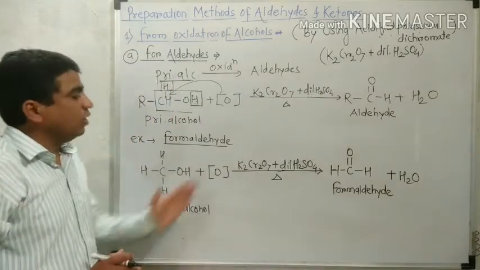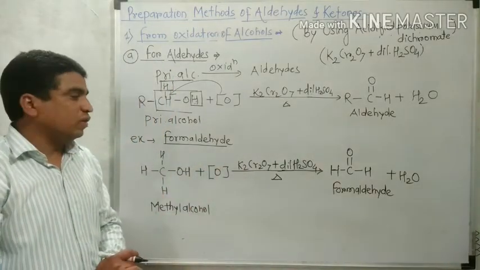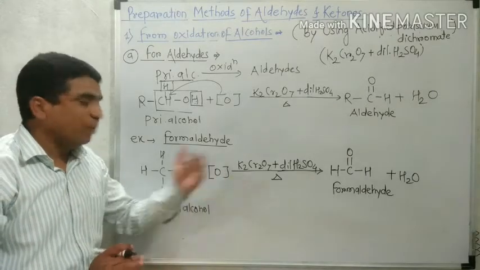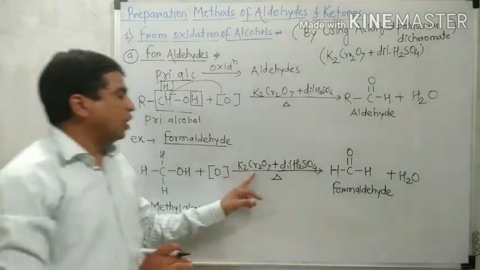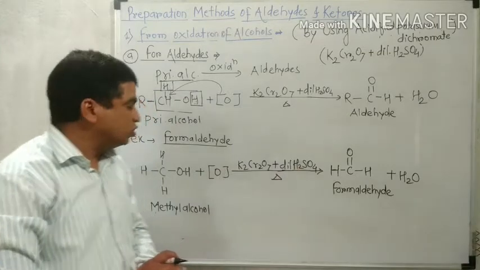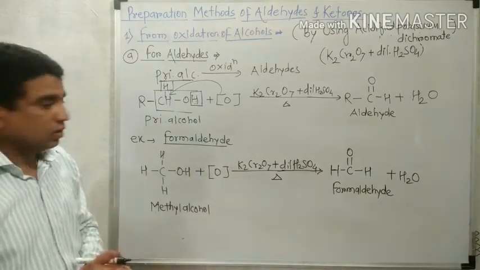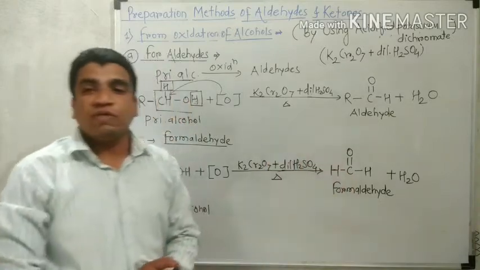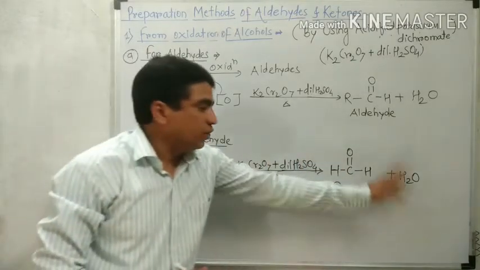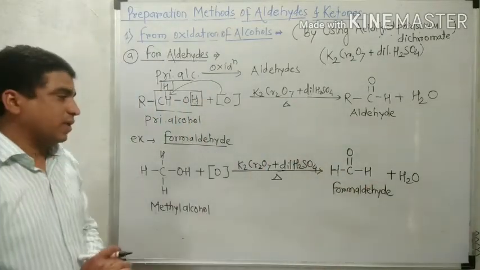When methyl alcohol undergoes oxidation using acidified potassium dichromate, that is a mixture of K2Cr2O7 and dilute H2SO4, the methyl alcohol is oxidized and converted to the corresponding formaldehyde, with water as a byproduct.